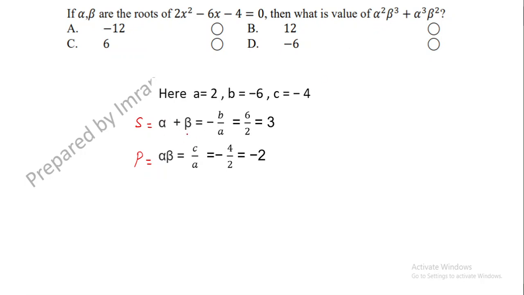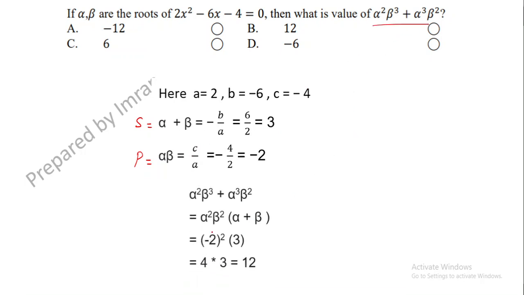Because these are the two terms whose values we know. So you must express this one in this form. How can we express it? Take out the common factor, and inside is alpha plus beta and alpha beta. Do I know these values? Yes, just substitute the values. The answer is 12. Where is the 12? Option B is the correct one.